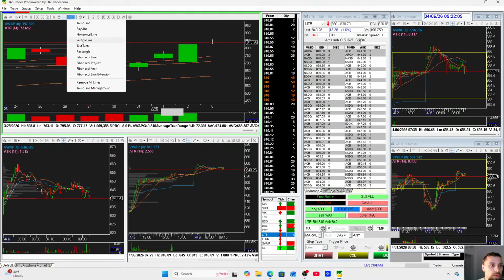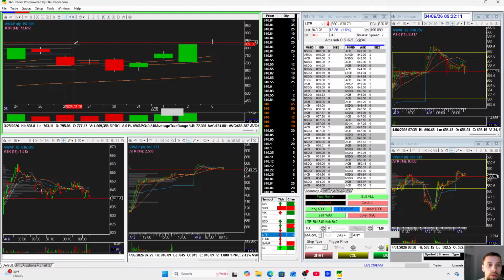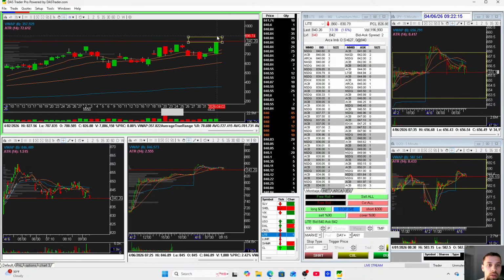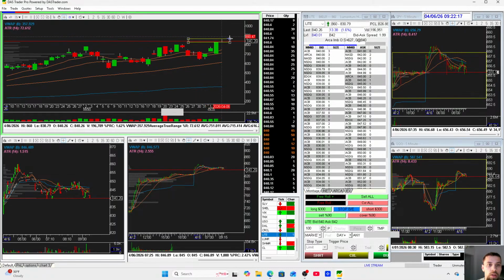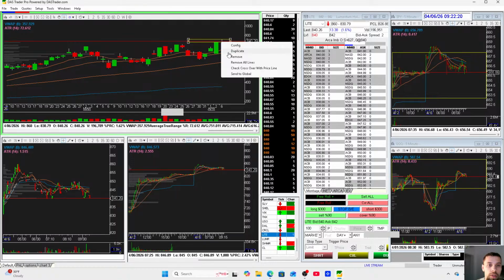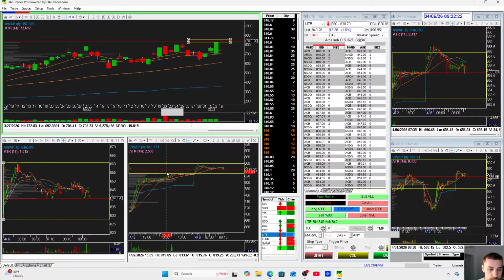Area of support is pretty much the low of last week's candle, area of resistance being the high. So that one's pretty interesting to me.